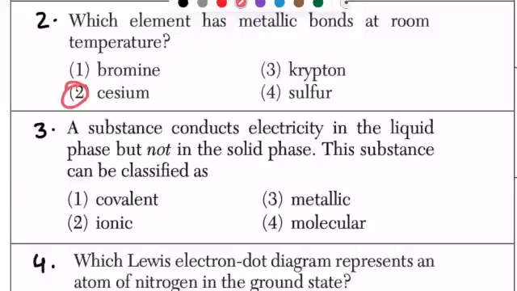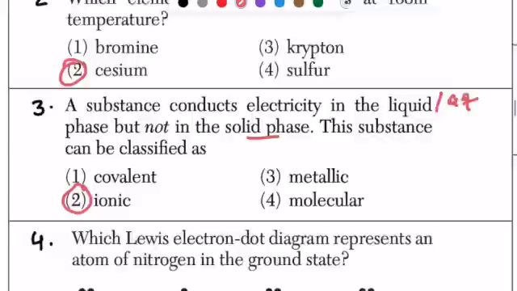This substance can be classified as, so this right here is the property of ionic compounds. In the solid phase, the ionic compounds are compact. There is no movement of ions. When they're in the liquid phase or the aqueous phase, so let's also write AQ here, the ions are now moving, so they can conduct electricity better.